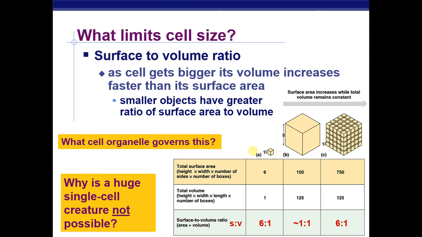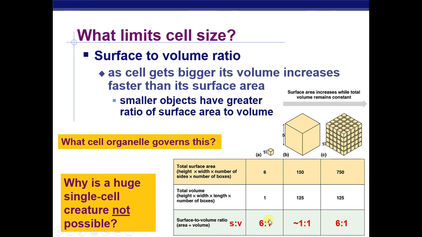So after cells get a certain size, any bigger wouldn't be able to be sustainable. We couldn't get nutrients in fast enough and waste out fast enough to maintain life.